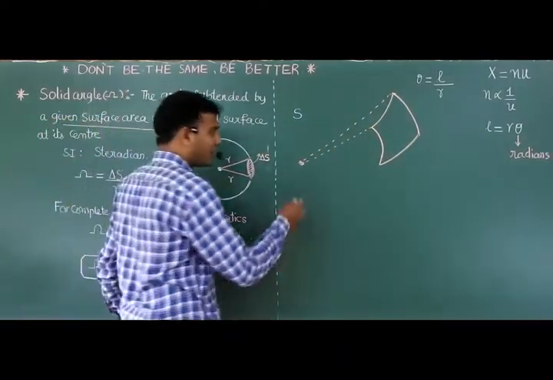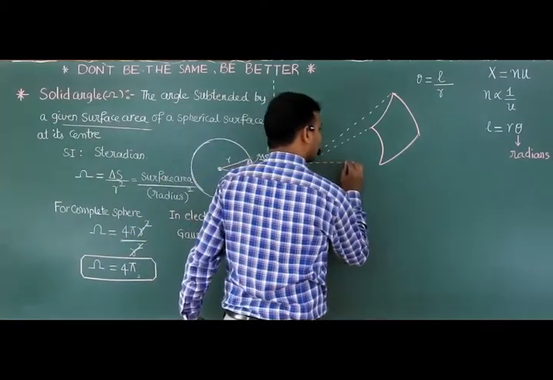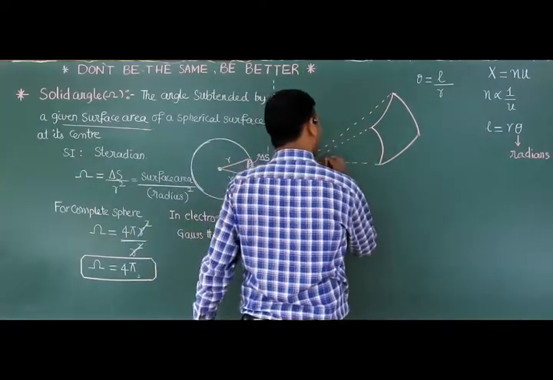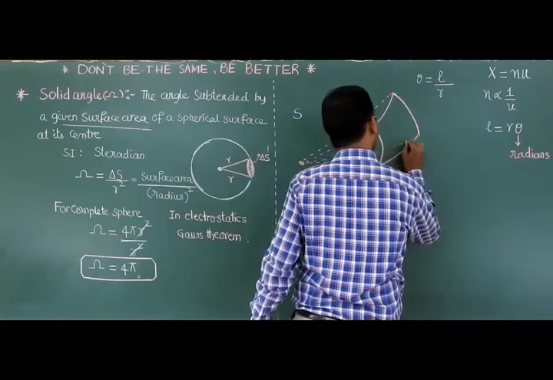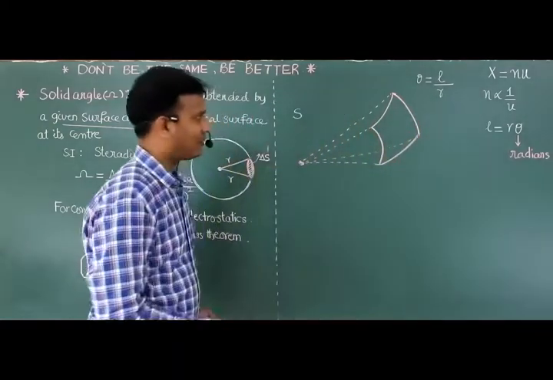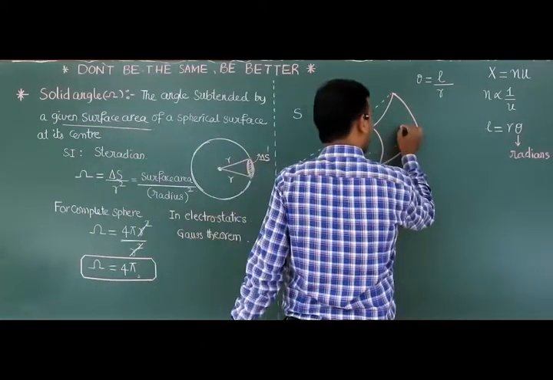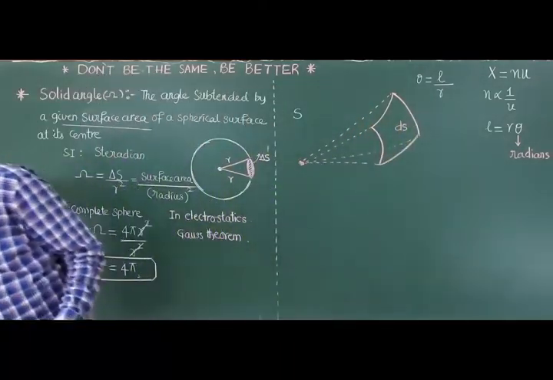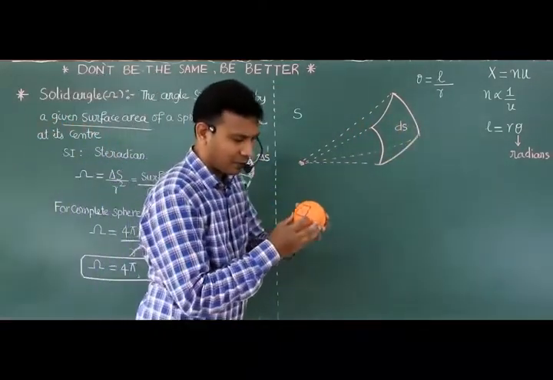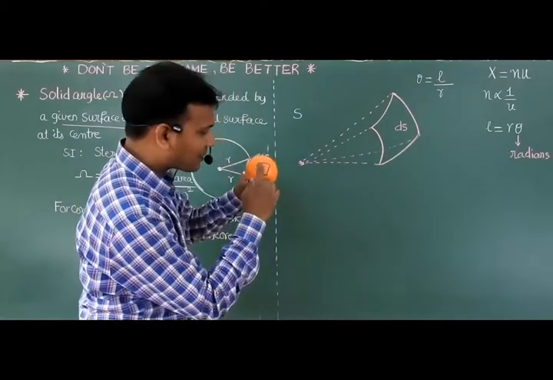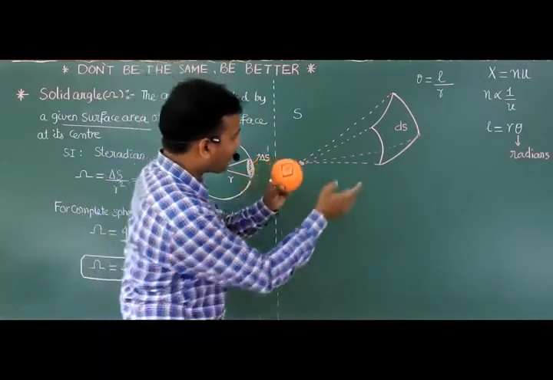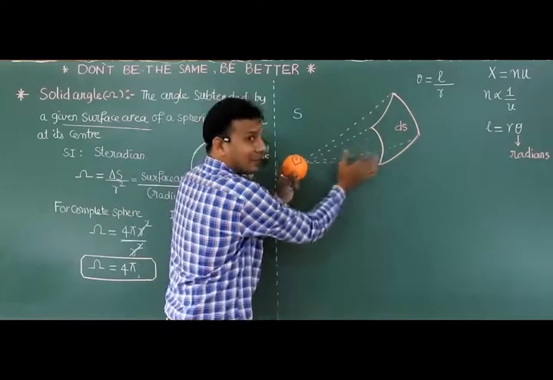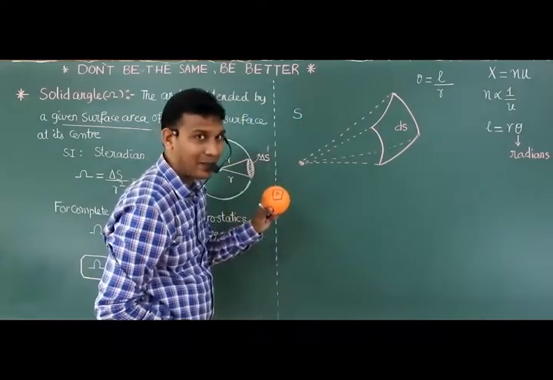Here I am considering a part of the given surface of the sphere. Whatever given surface area we consider is dS. Once again I will show you. In this spherical ball, I am considering only this much portion, and I have redrawn that portion on this two-dimensional plane.